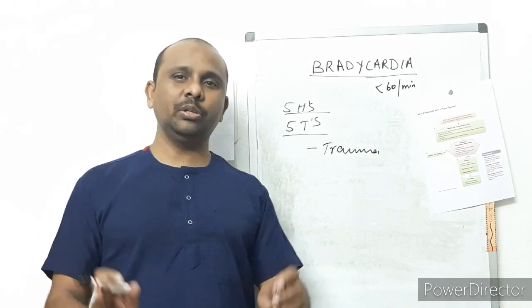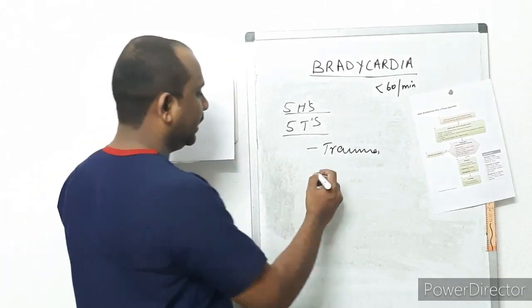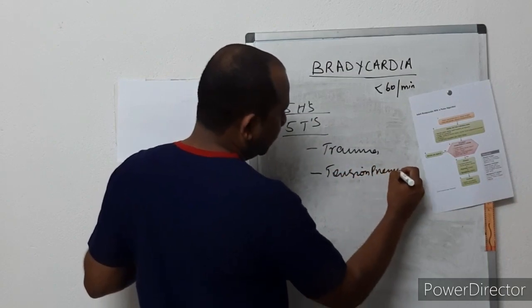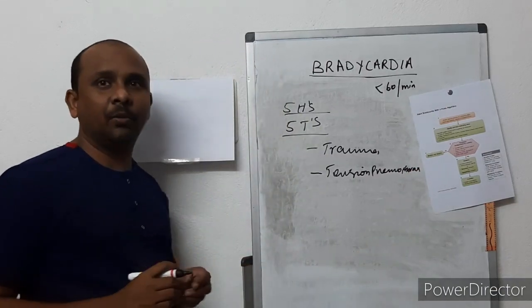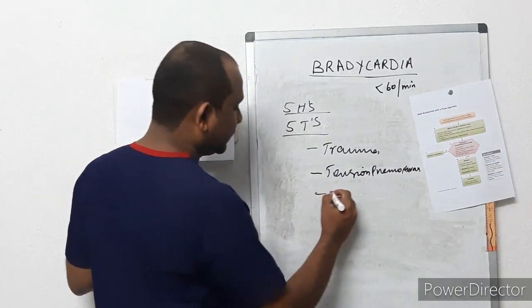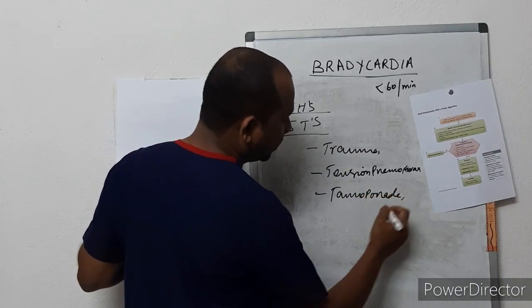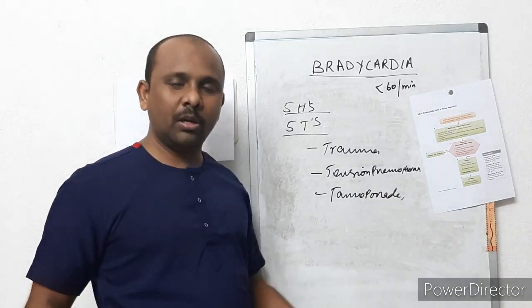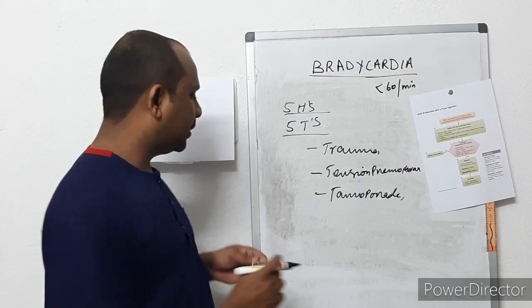Bradycardia is also one of the rhythms produced. Next, tension pneumothorax, which is obstructive shock. Next is tamponade. Tamponade means cardiac tamponade due to pericardial effusion or some trauma, whatever the reason, tamponade is one of the causes.